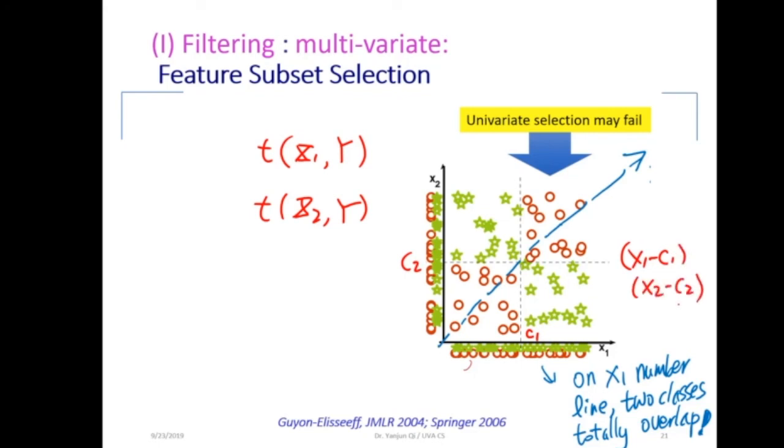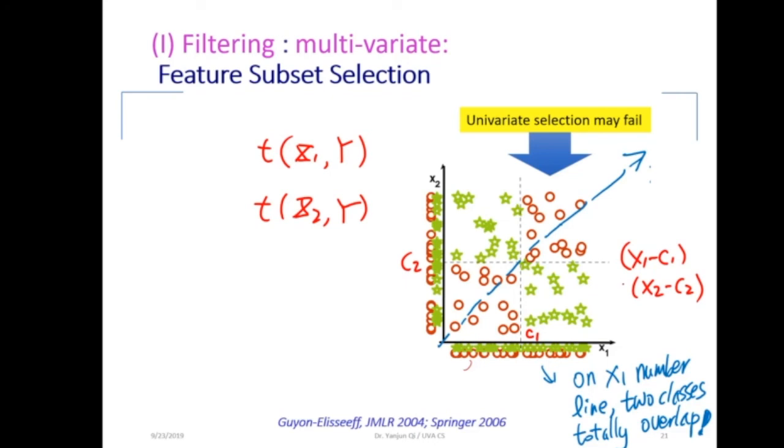It's almost the best feature, right? x1 minus C1 gives me a minus on this side, and x2 minus C2 gives me a minus on the downside. If the multiplication is positive, that's the red class. If the multiplication is negative, it's the green class. That's the best classifier ever. So this tells you the interaction between x1 and x2 is important. But if you use univariate feature selection, you're going to miss the best classifier using that interaction term.